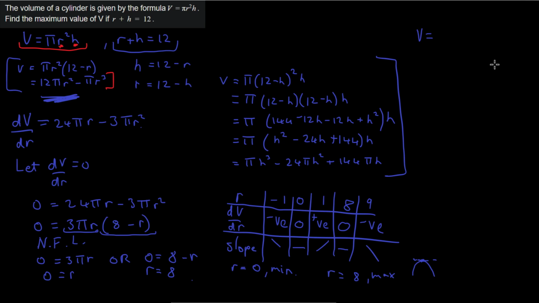So you can ignore h for this one. So let's write the equation again: 12 pi r squared minus pi r cubed. Let's sub in 8: 12 pi (8) squared minus pi (8) cubed. Remember, when subbing in, let's use brackets. Saves us some trouble, especially when working with negatives.